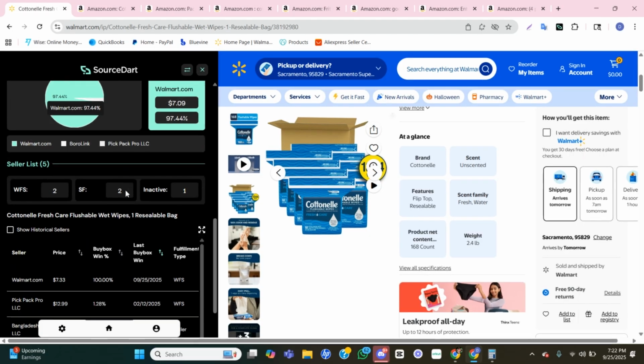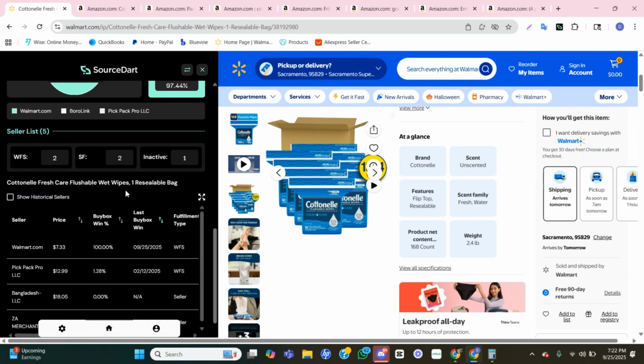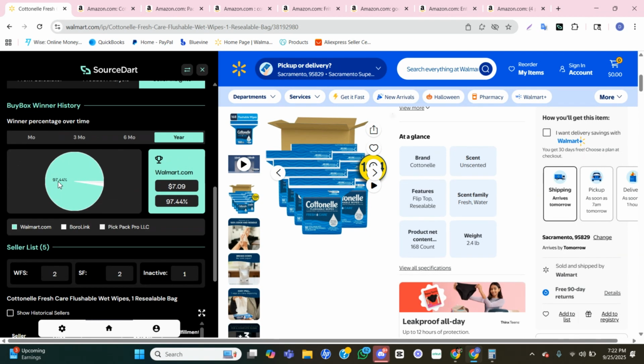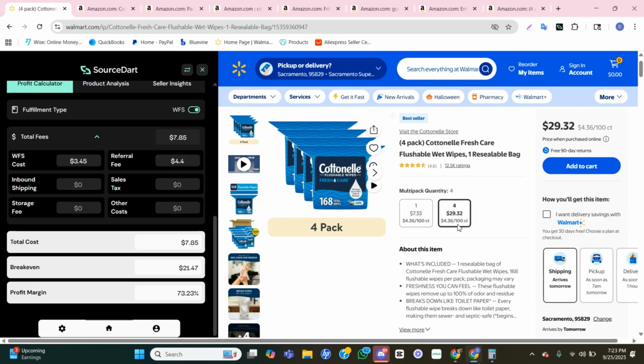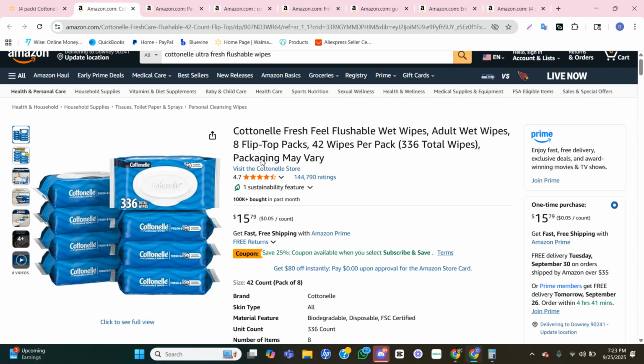So like this one, we cannot compete with Walmart here. Although in a year you can see 97% only, this is still going to be a hard product to compete with Walmart. But I can see there's a four pack of this, meaning we're going to buy two, and this is already a two pack.